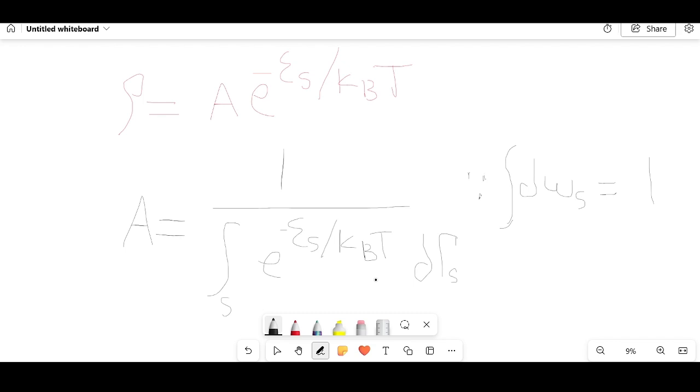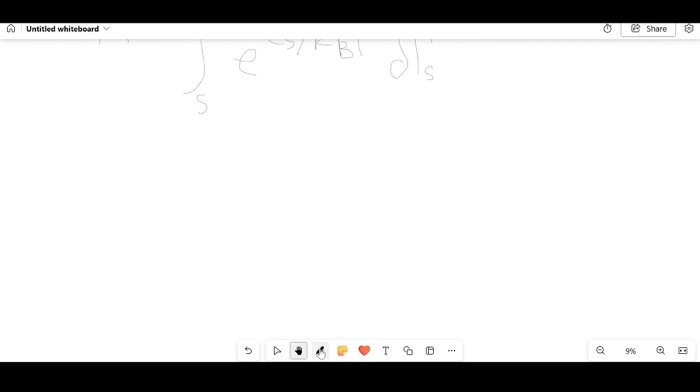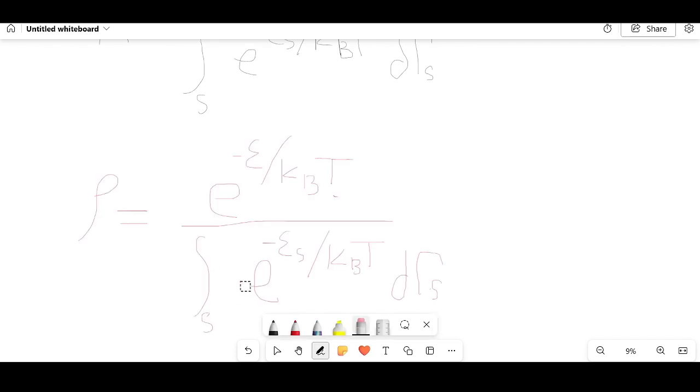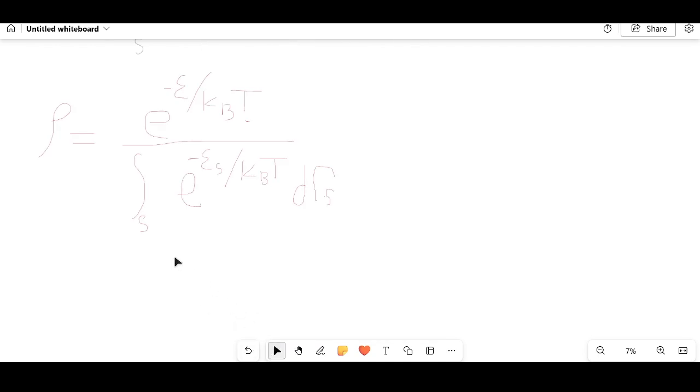Therefore, the probability density takes the normalized form, where we have removed the subscript s, and the s in the denominator acts like a dummy index inside the integration. And this is the probability that the subsystem has energy epsilon. This is also called Boltzmann distribution function.